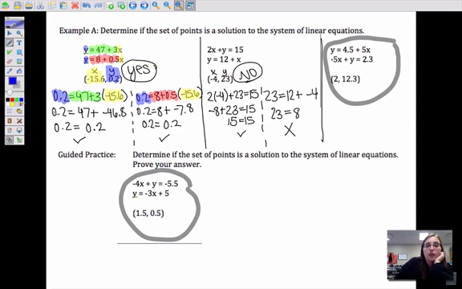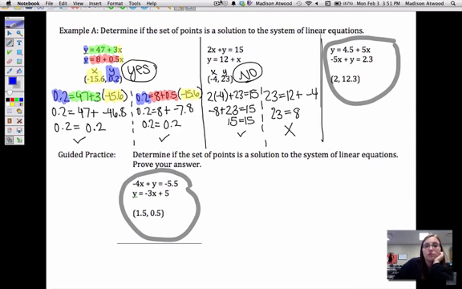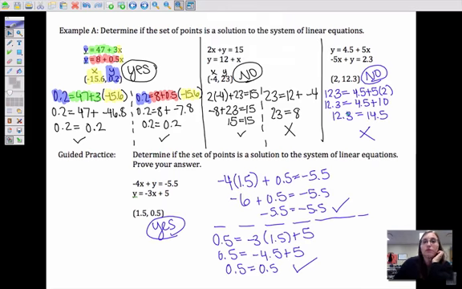So go ahead and pause the video and try out those two. Alright, so there are your two solutions. You can go ahead and check your work with that, and then what you should do is go ahead and start in on some independent practice, making sure to ask questions of your teacher if you have them.